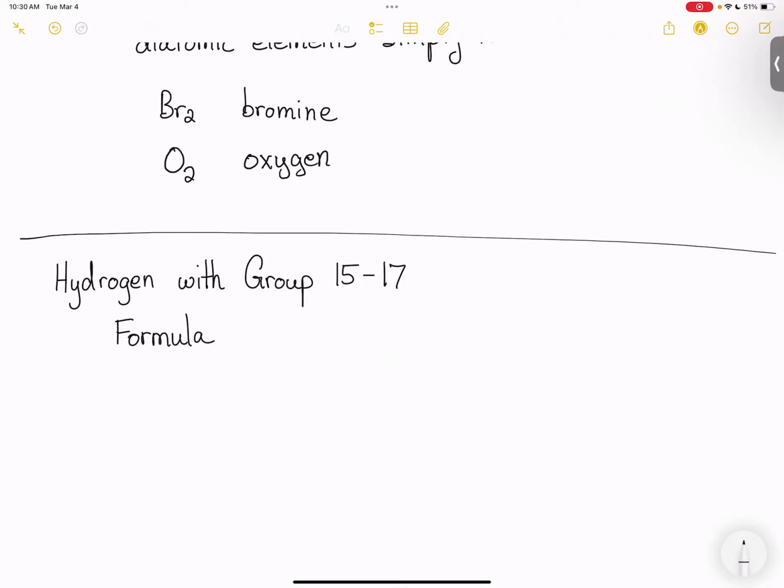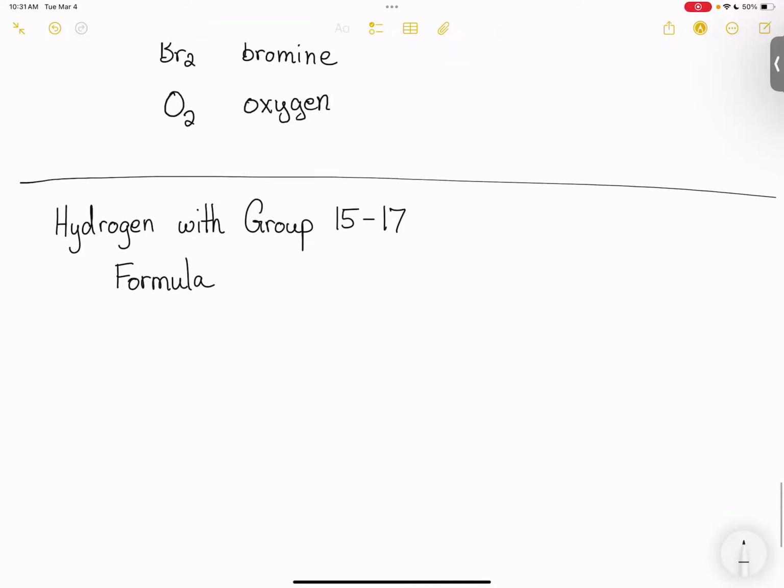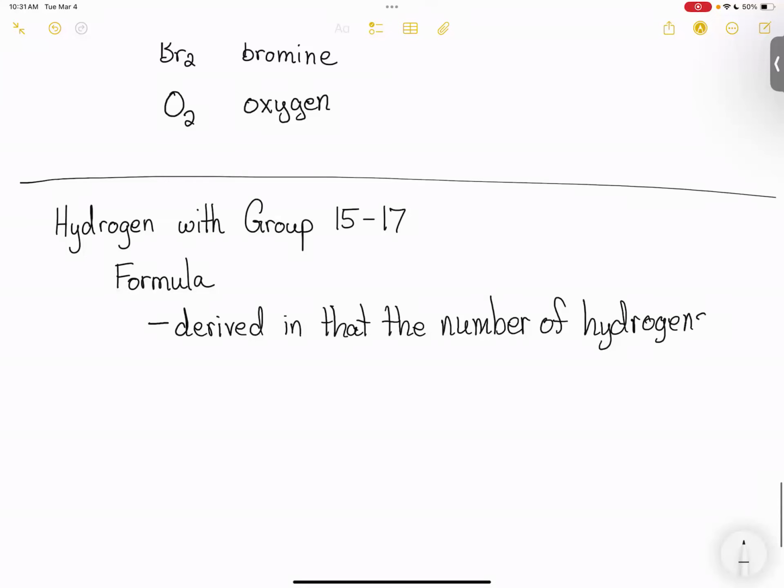When you're talking about hydrogen with a group 15 to 17 nonmetal or metalloid, the formula can be derived in that the number of hydrogens is equal to the charge on the second element as an anion.